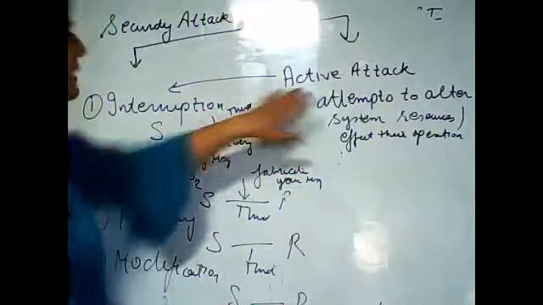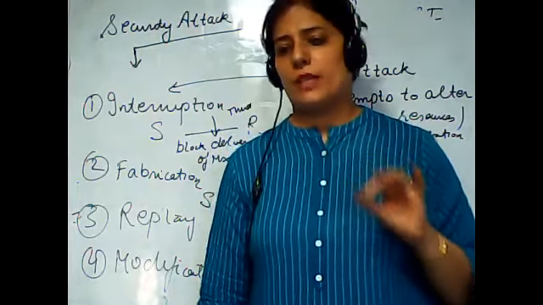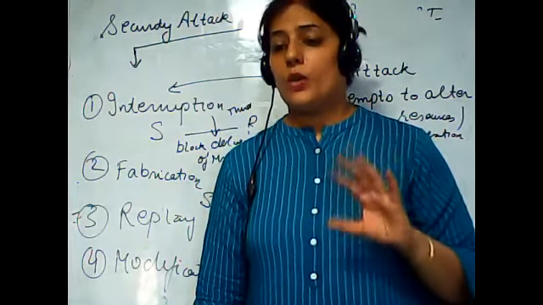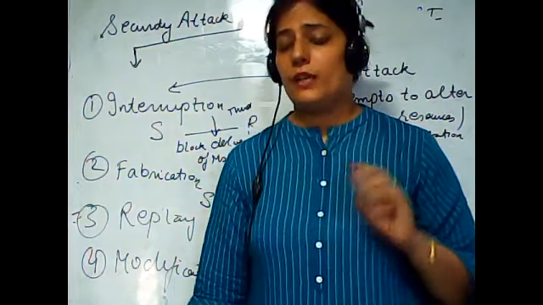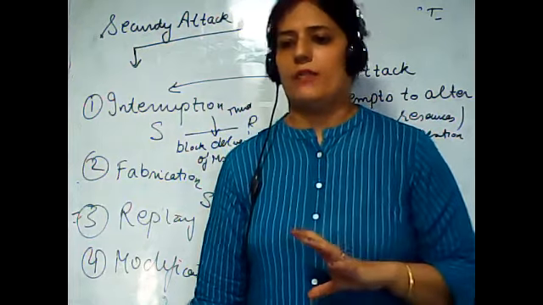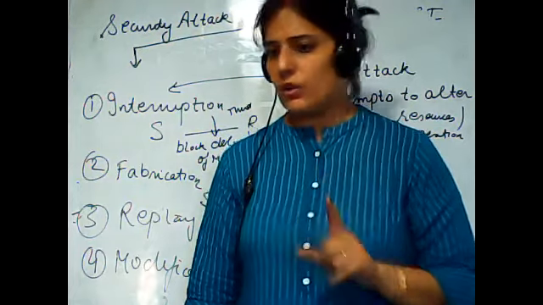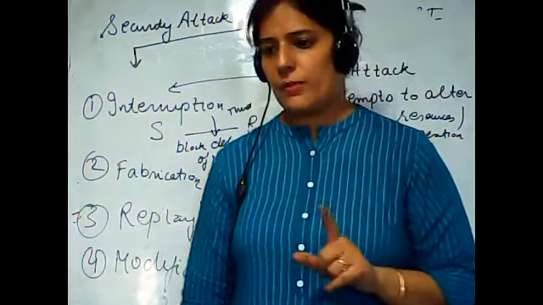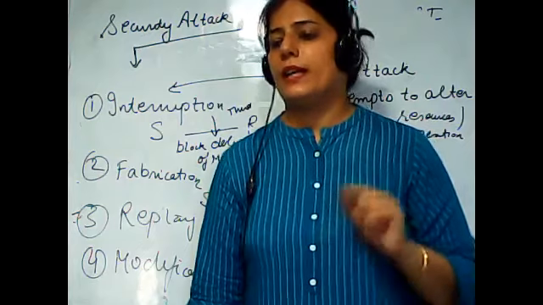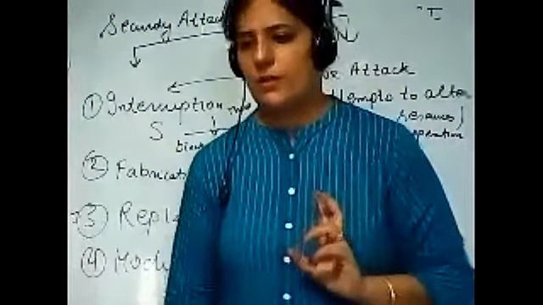So always remember, with the word active, that the particular person is actively participating in your communication without the knowledge of the sender and the receiver. That third party is an unauthorized party; nobody has given it the right to alter our content, but still it is actively participating in the transmission.